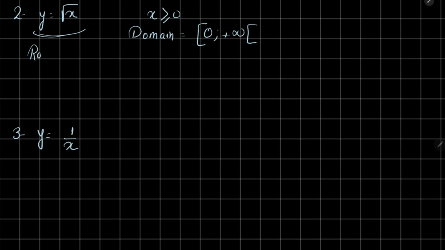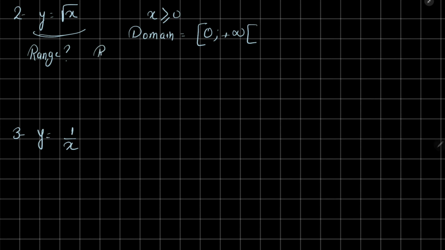Let's now try to figure out what is the range of this function. To know the range of this function, we must know the lowest point that this function may have and its highest point. We know that every number that is square rooted will stay positive whatever the number is. So the lowest value of y can be equal to 0 when x equals 0.